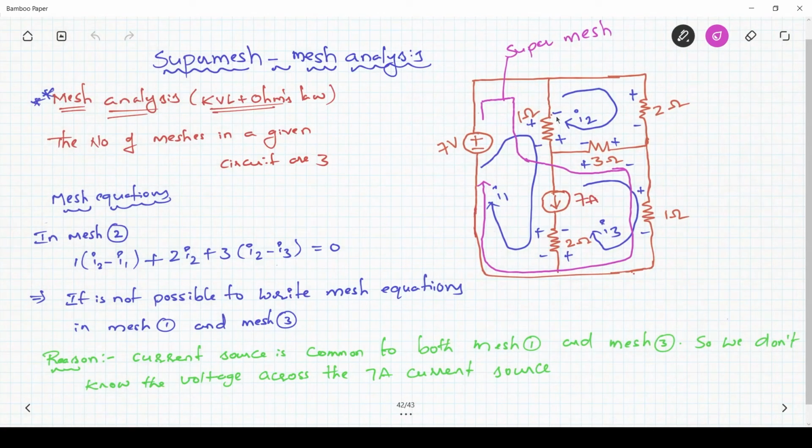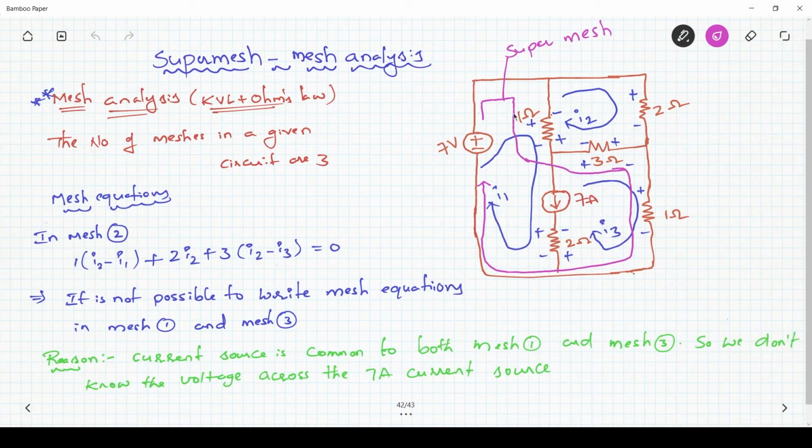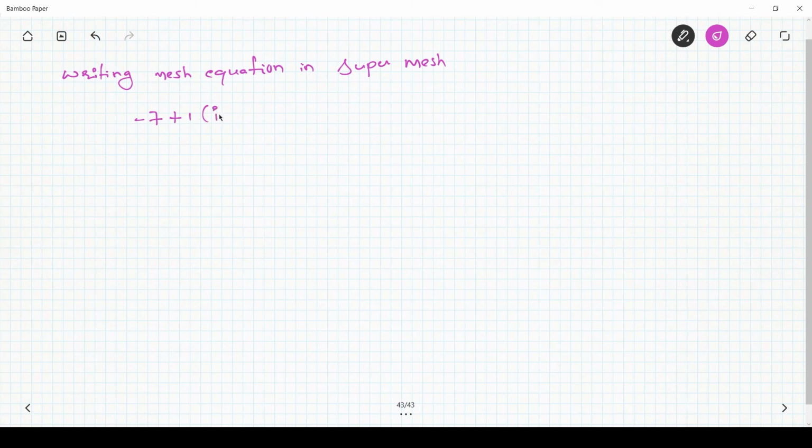Now what is the voltage across this 1 ohm resistor? 1 into (I2 minus I1) plus 1 into (I1 minus I2).